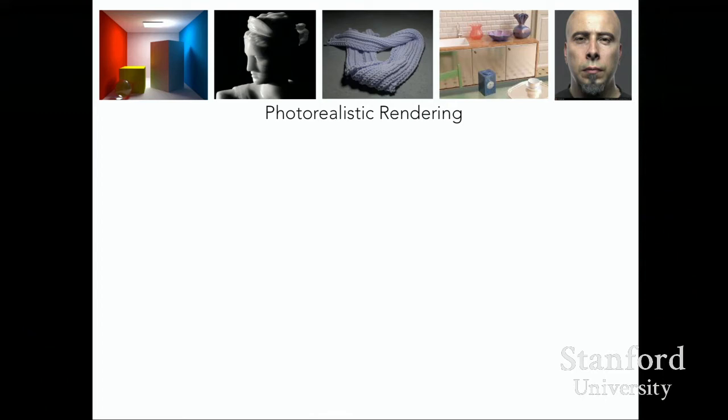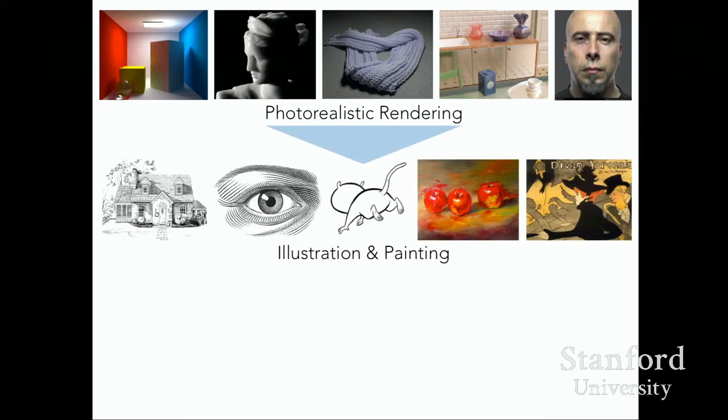So this is great. But at some point, some researchers began to look at some other forms of depiction. In particular, they looked a lot at things like illustration and painting, which use very different rendering styles, depiction styles, in order to represent things and scenes in the world.